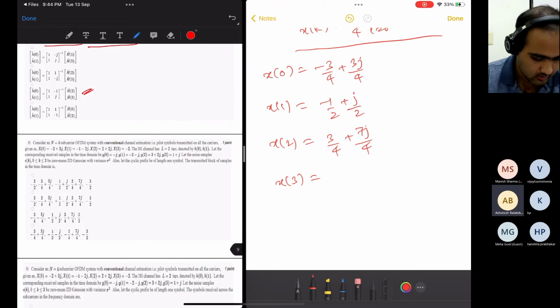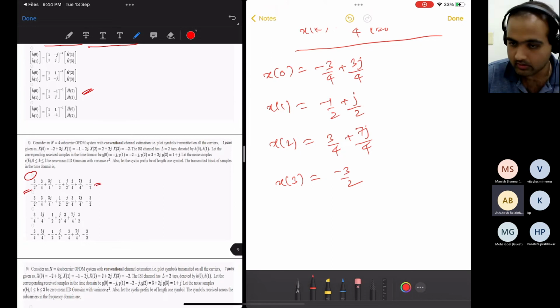And x of 3 is -3 by 2. Okay. And the answer is A. If you see, it is starting from -3 by 2, it's ending in -3 by 2, right? And we have the x0, x1, x2 in the middle, right?